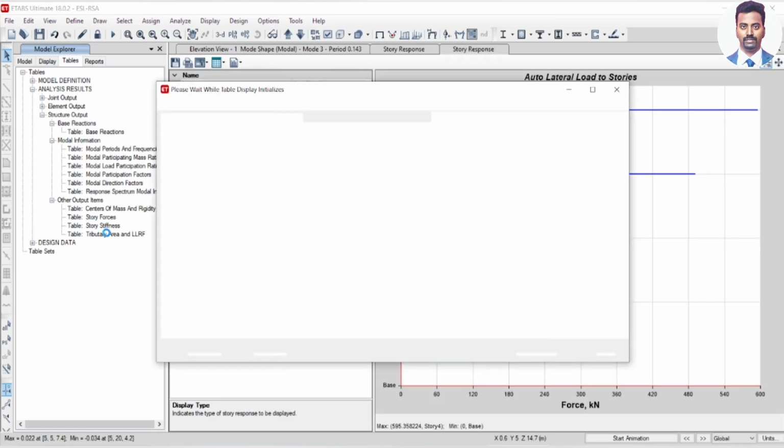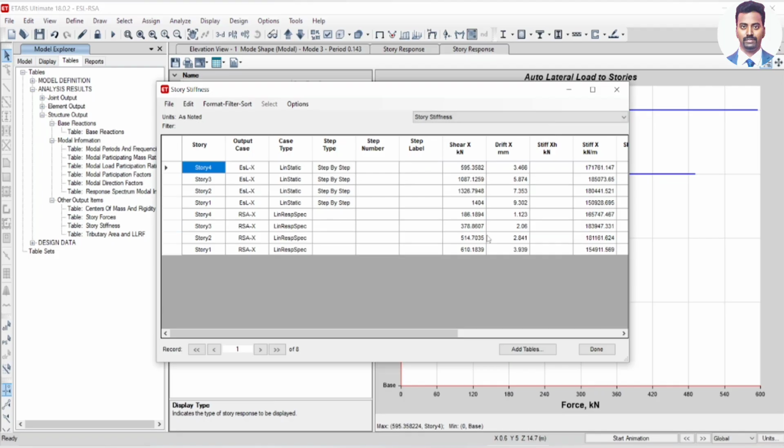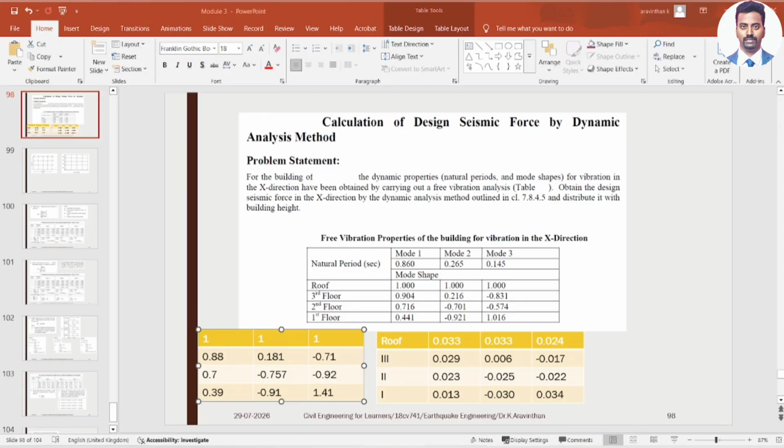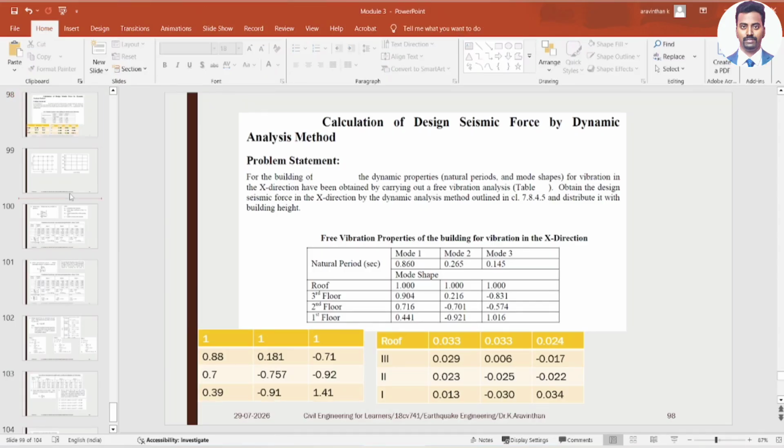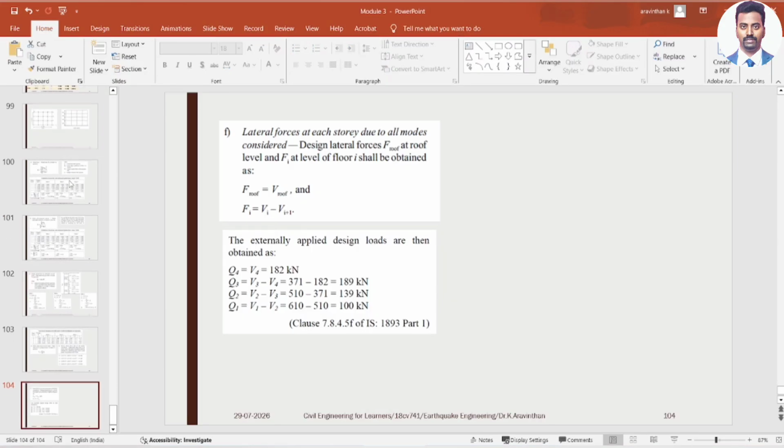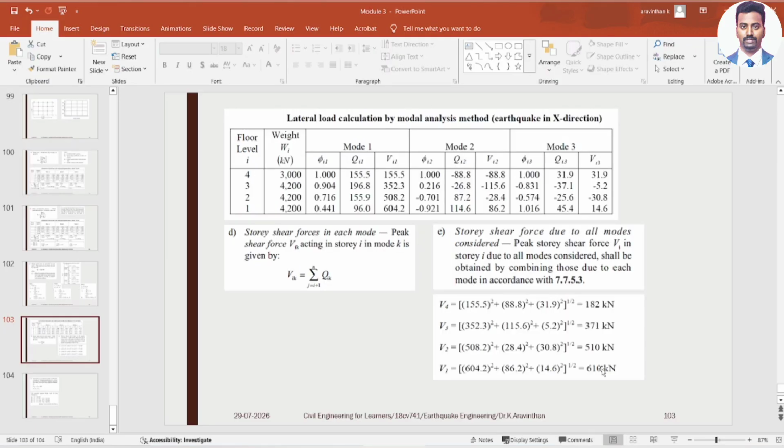Here you can see, yes, the response spectrum analysis shear. For each and every floor, what is the lateral load? We can see here 610 is the base load, and here we got 610.